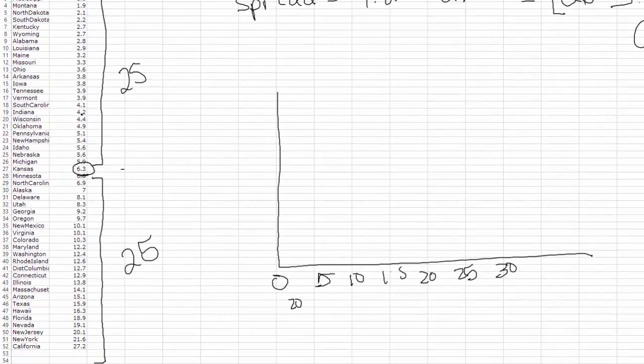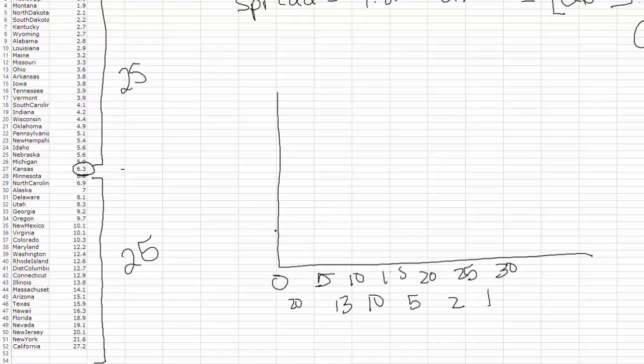Between 5 and 10, 1, 2, 3, 4, 5, 6, 7, 8, 9, 10, 11, 12, 13. Between 10 and 15, 1, 2, 3, 4, 5, 6, 7, 8, 9, 10. Between 15 and 20, 1, 2, 3, 4, 5. Between 20 and 25, 2. And between 25 and 30, I've got 1.